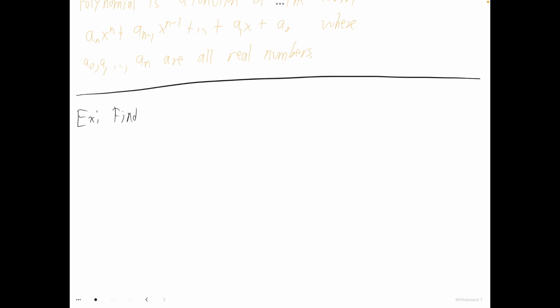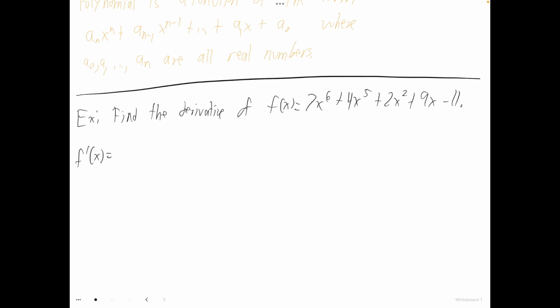So we want to find the derivative of f of x equals 7x to the 6th plus 4x to the 5th plus 2x squared plus 9x minus 11. So if we want to compute this derivative, we're going to do it in pieces. So the derivative of f is going to be the derivative of this whole expression.